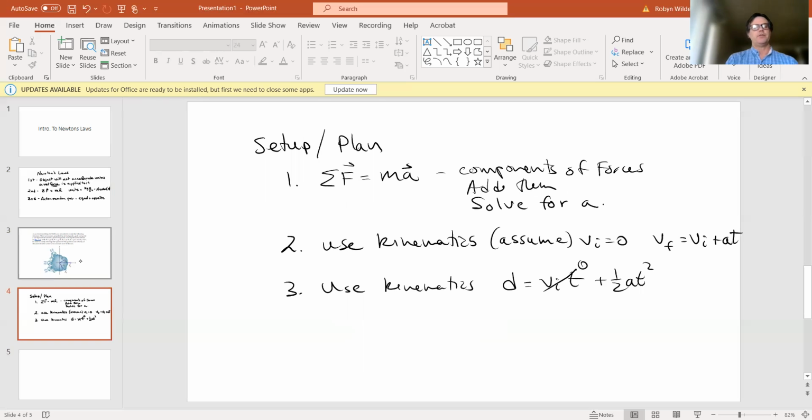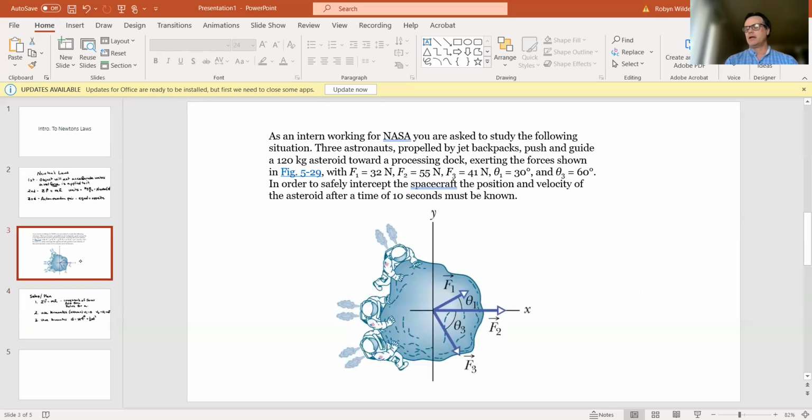So let's add up the forces. Looking back here, I've got this force 1 of 32 newtons at an angle θ1. So I've got an x component and a y component. My x component is going to be cosine θ1 times that 32 newtons, and the y component sine.